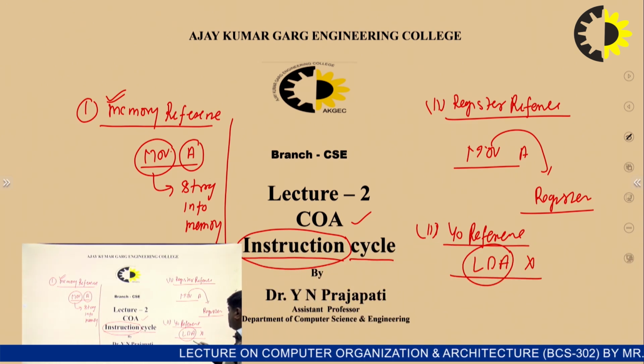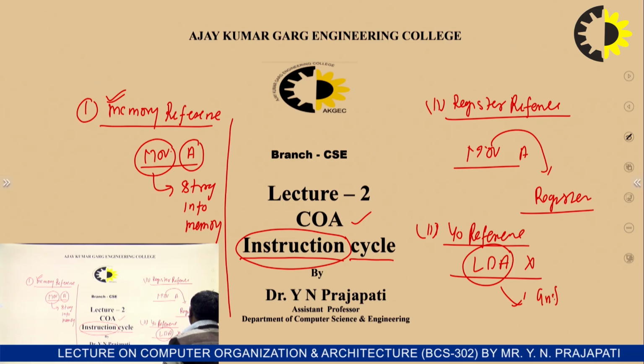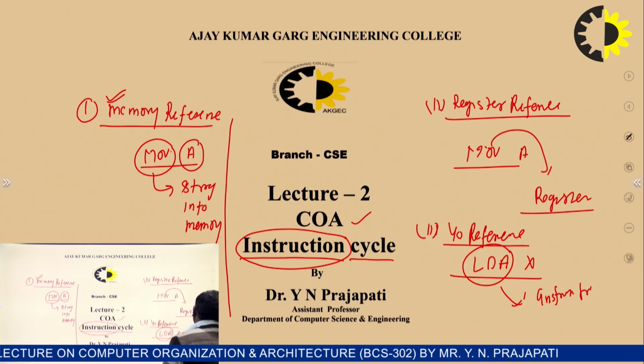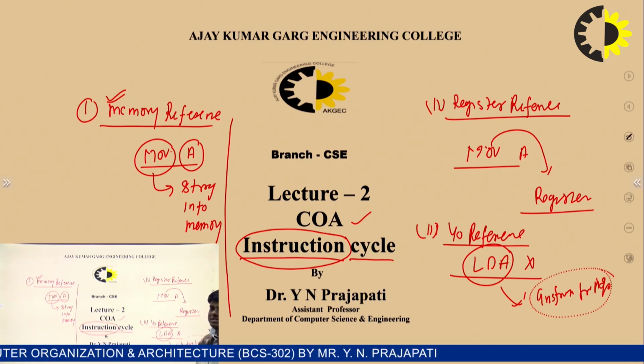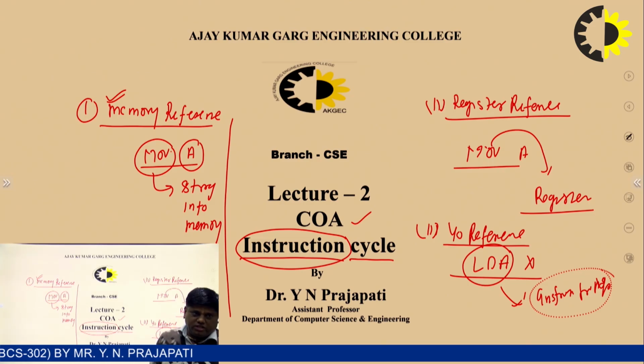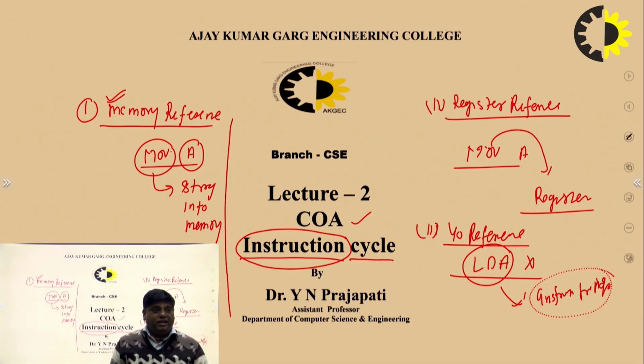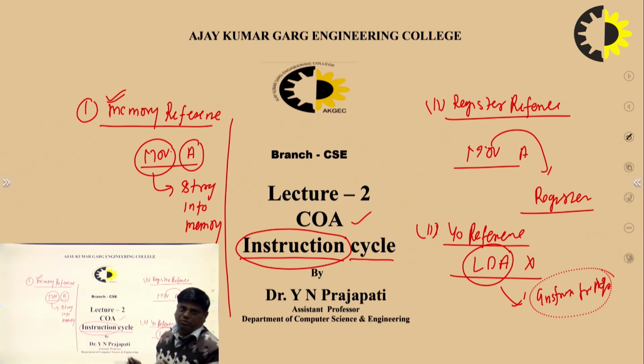If this instruction is inserted from an IO device, then we can say that this instruction is known as IO reference. So, these are the basic ideas about instructions and the different types of instructions, and how these instructions are classified into these three portions.